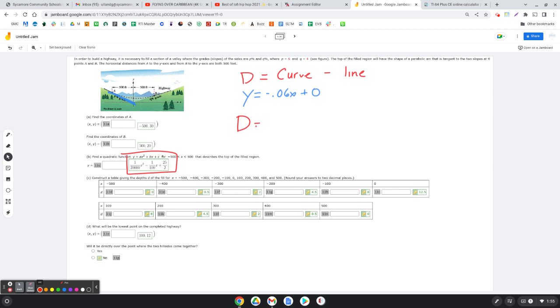D is this. I'm just going to write it out. 1 over 20,000 x squared minus 1 over 100 x plus 25 over 2 minus a negative, so plus 0.06x. Now, I could combine those, but I'm not even going to. I don't feel like dealing with them.